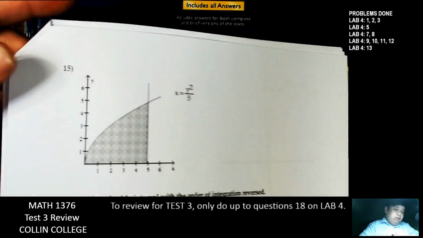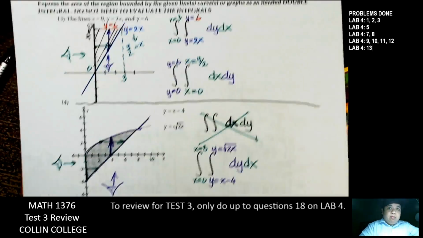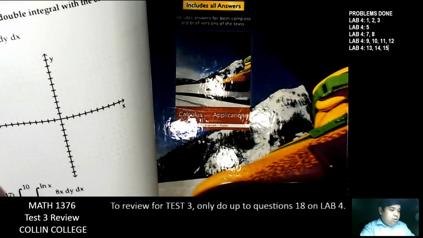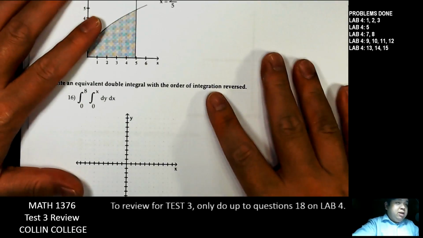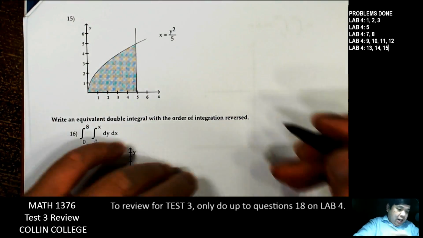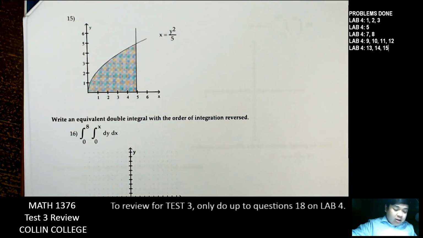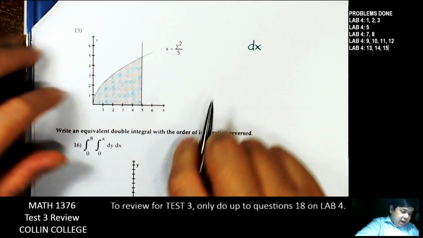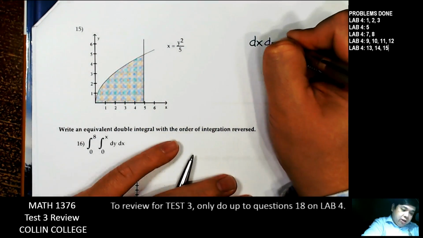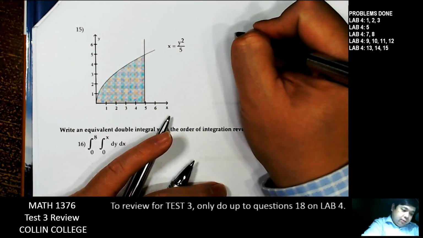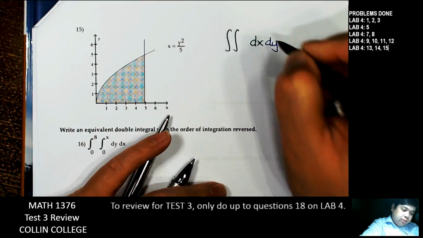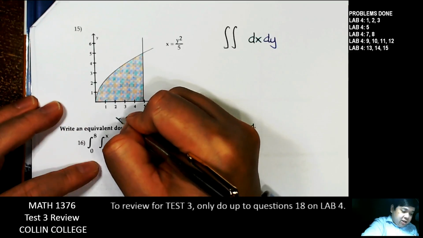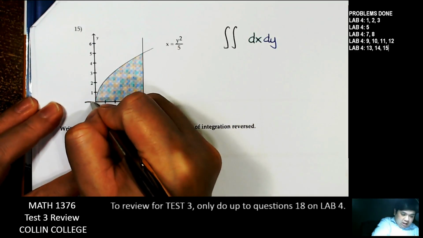Now on 15, let's see if we put the x inside, what will happen. If I put the x inside and dy on the outside, inside, look along the x-axis.